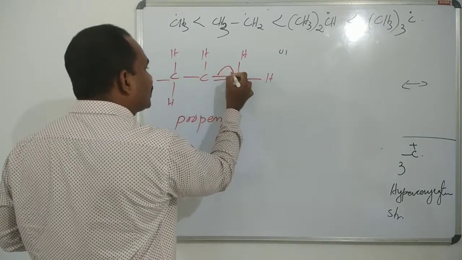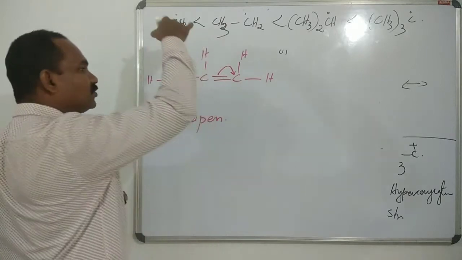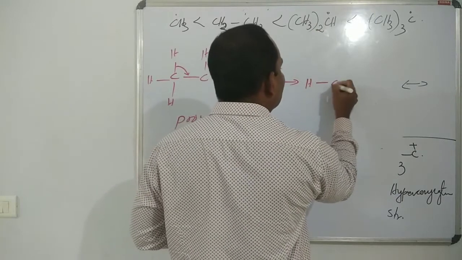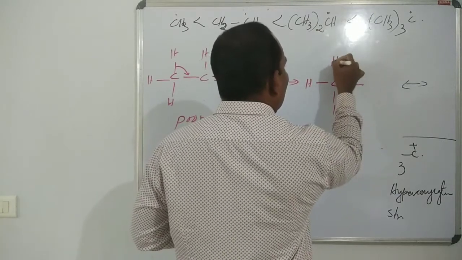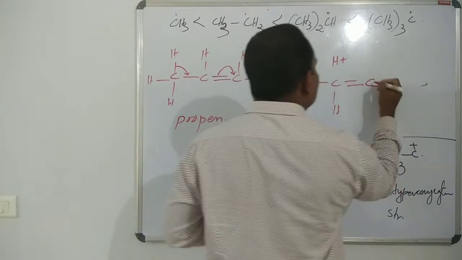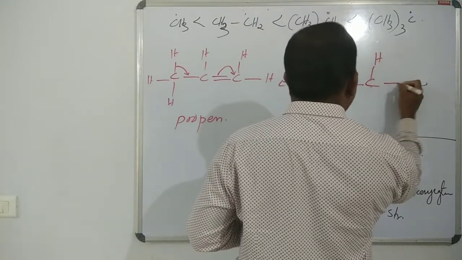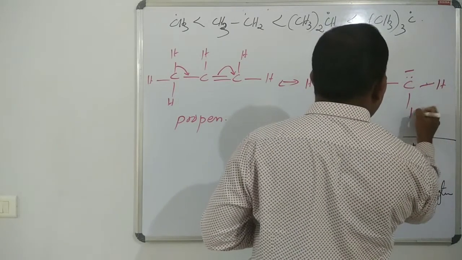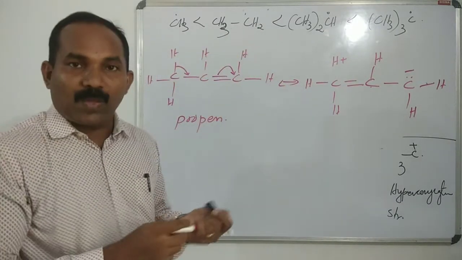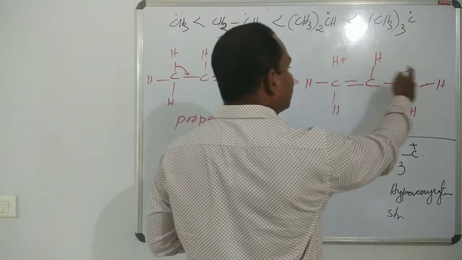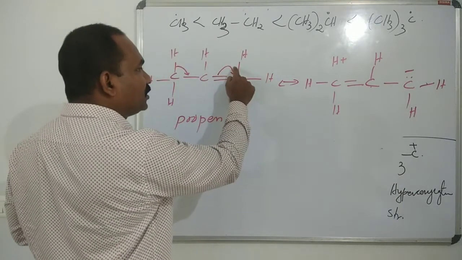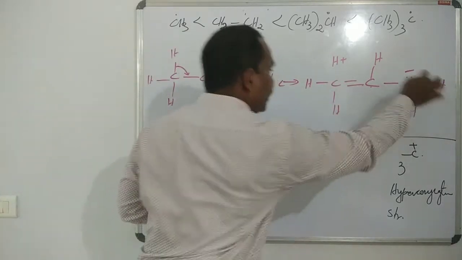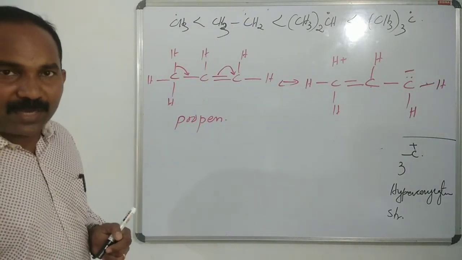If the electron is shifted to here and this bond comes in between the carbon atoms, the hyperconjugative structure is H+, C, H single bond C, H. The molecule is neutral, with one positive charge and one negative charge. When this electron comes into this, the carbon is negative and two hydrogen atoms are there.